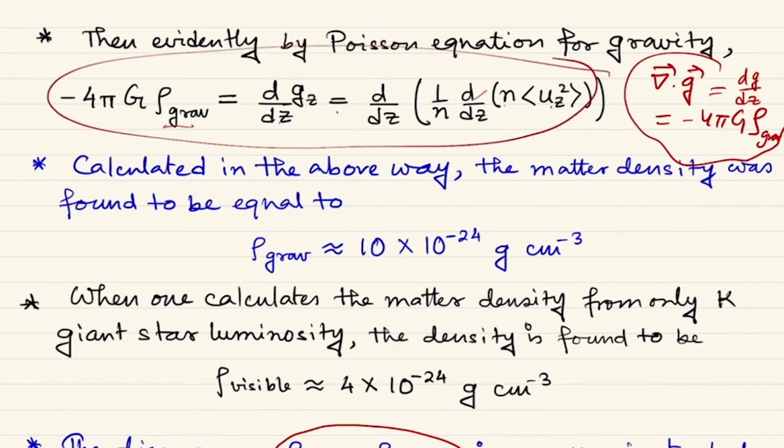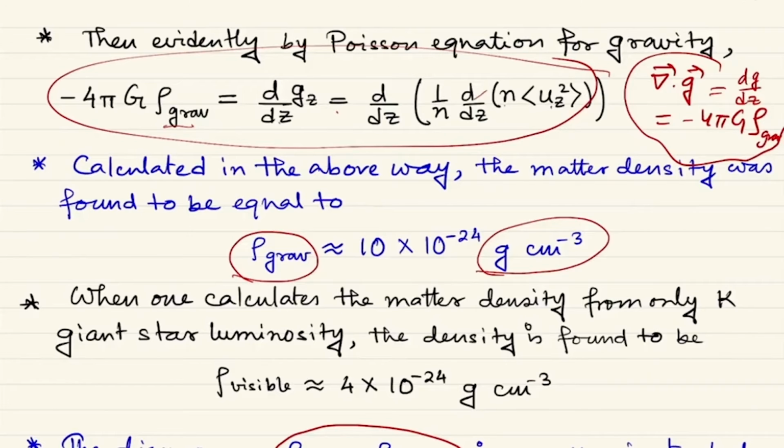Finally, they calculated that the rho gravitational is roughly 10 times 10 to the power minus 24 gram per centimeter cube. It's a very small mass, so it's a very dilute matter density.